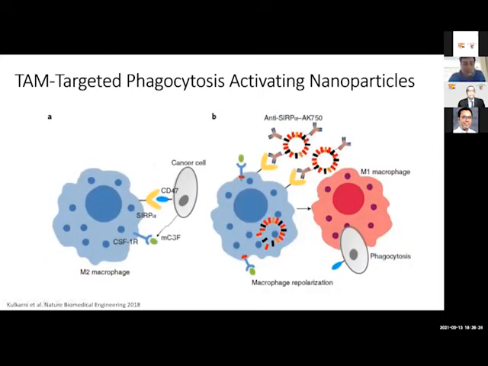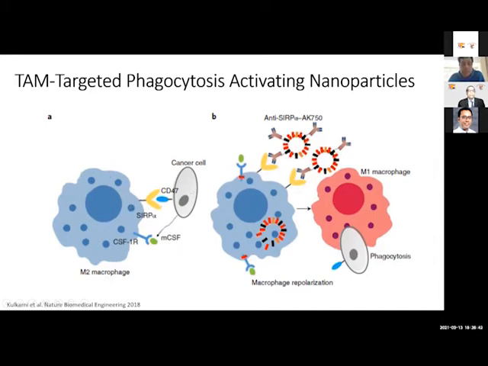So in our laboratory, they developed an idea that can enhance phagocytosis, a phagocytosis-activating nanoparticle. How is this? Like you see, this is the M2 macrophage that has pro-tumorigenic effect.